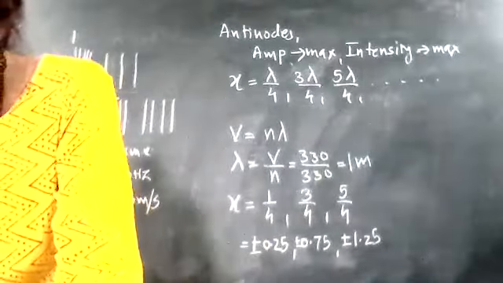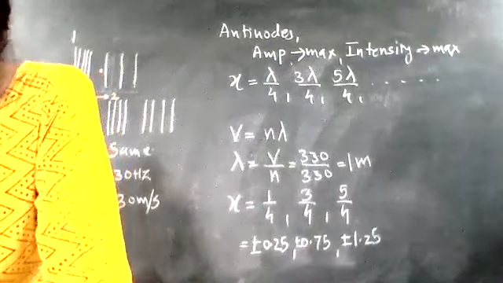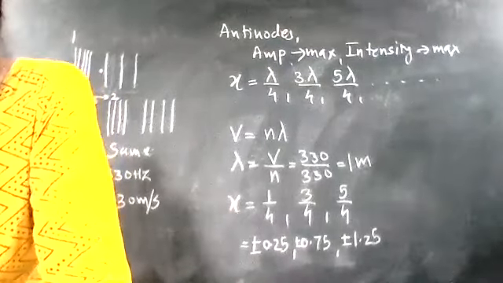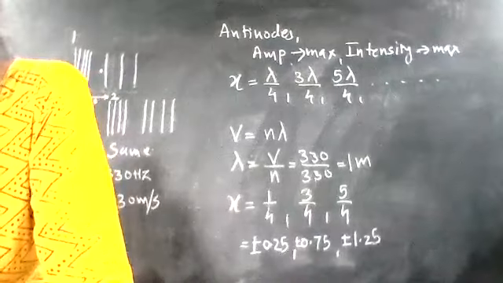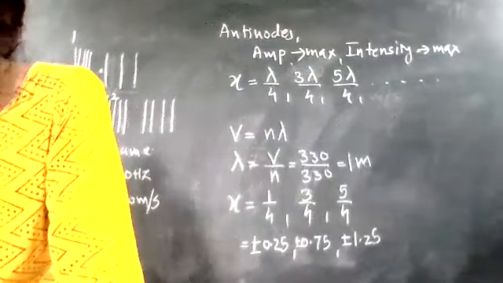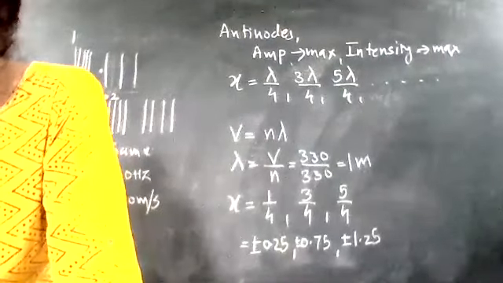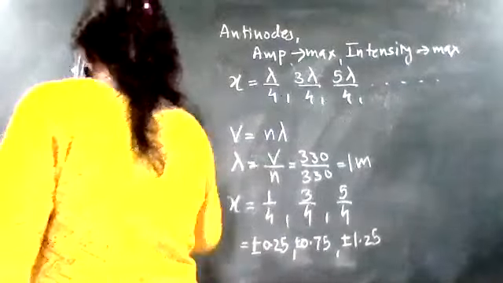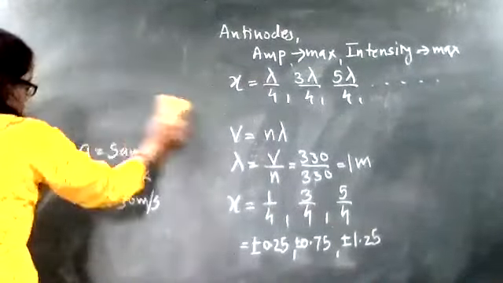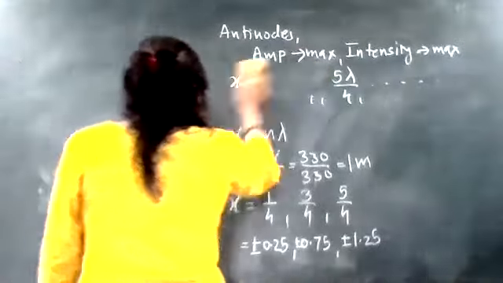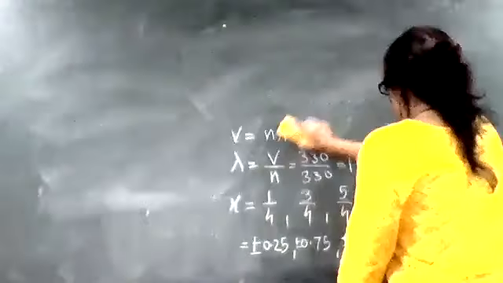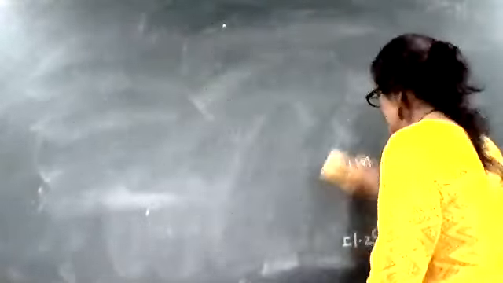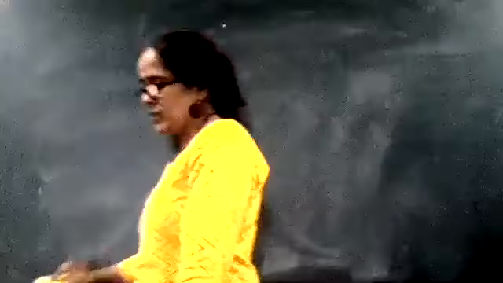Okay, fine. Your next question is problem number 13. Two sound waves travel at the speed of 330 meter per second. You have given the speed of sound, so I will write down that data first.